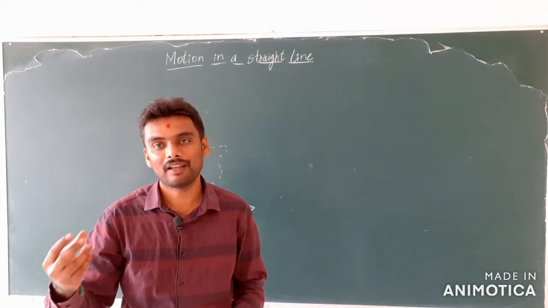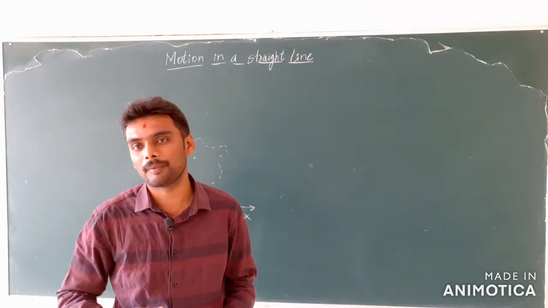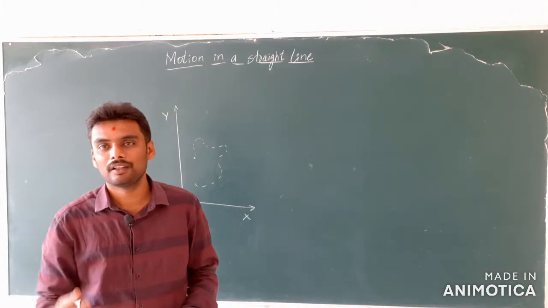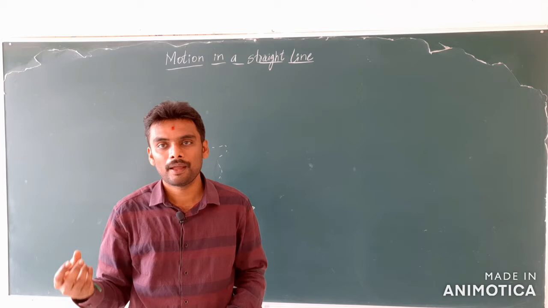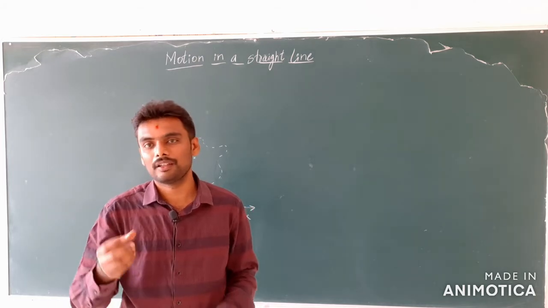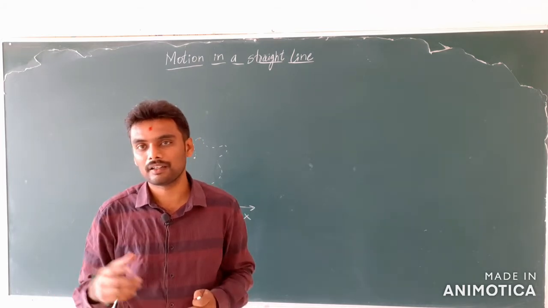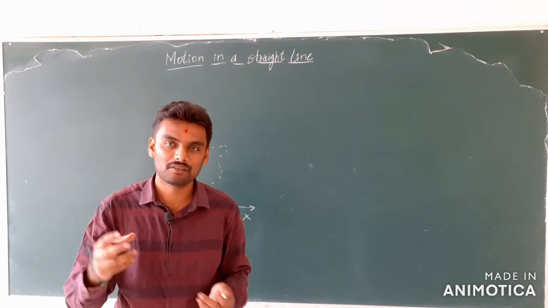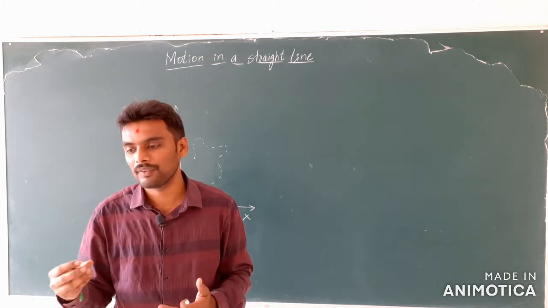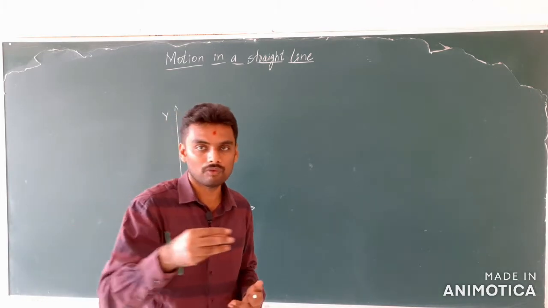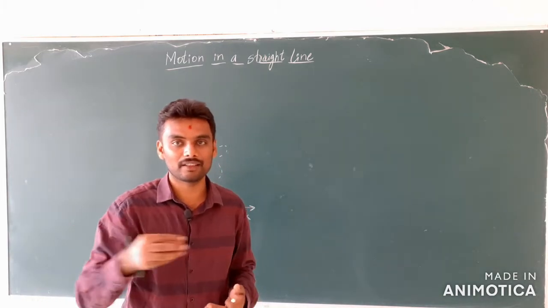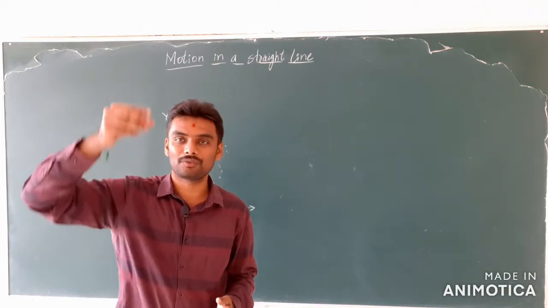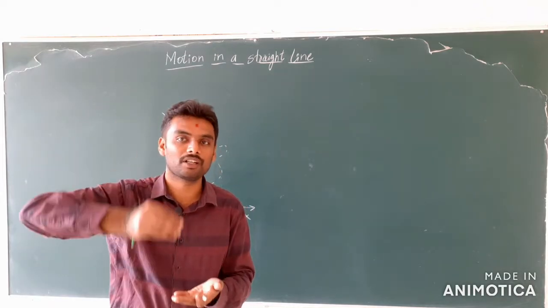If you imagine a bird flying in a certain region, the bird will have three-dimensional freedom. The bird can move horizontally along the x-axis like this. The bird can also move vertically along the y-axis or the z-axis, as we call it.